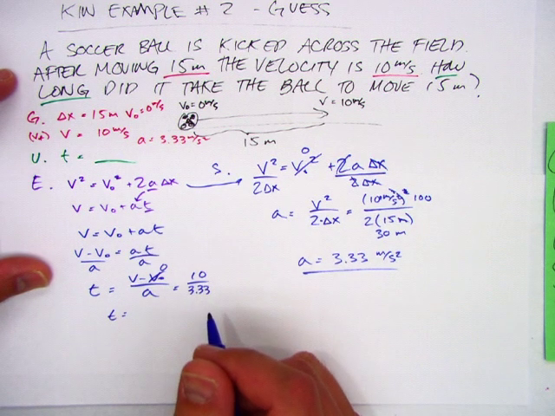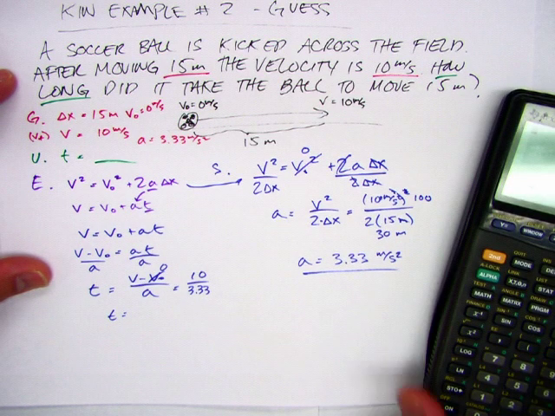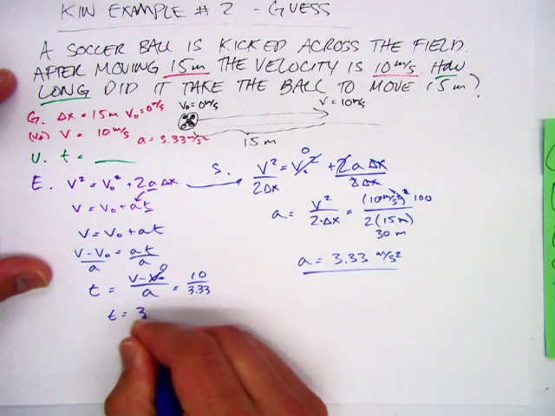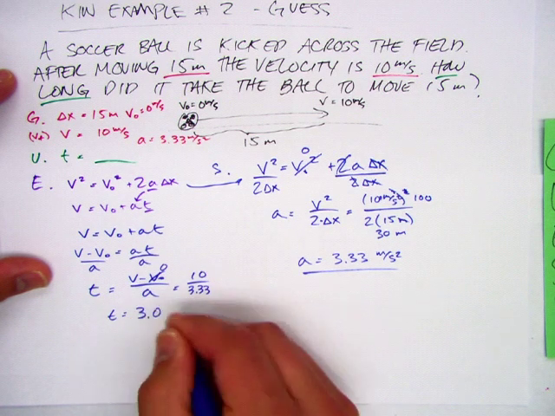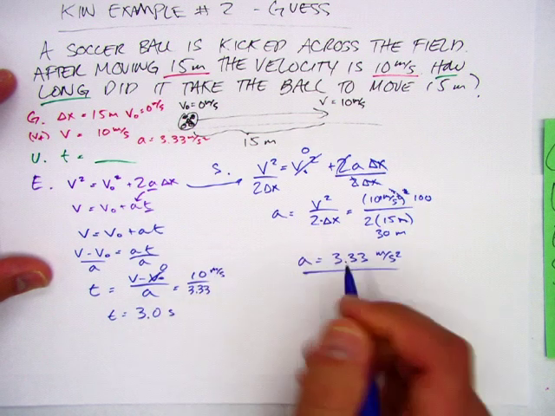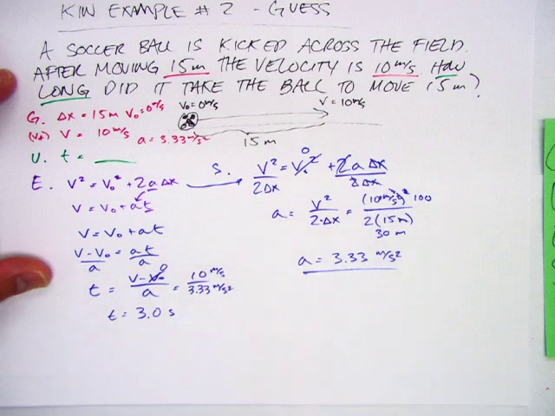So my time then is, it should be 3, right? Double check. Yeah, 3.0 seconds. I'm doing a bad thing. Meters per second here. Meters per second squared here.